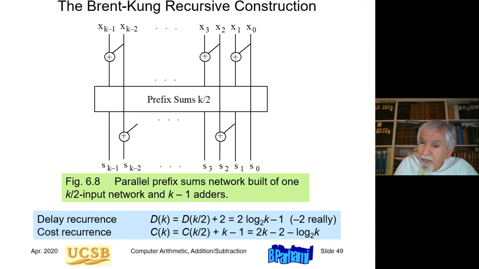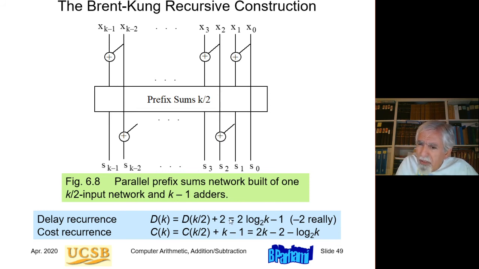The cost recurrence is c(k) equals c(k/2), the cost of this half size, plus k minus 1. There are k minus 1 adders. Notice that each of the vertical lines has an adder on it, either at the top or at the bottom, except for this rightmost line. So there are k lines, all but one of them have an adder on them, so k minus 1.